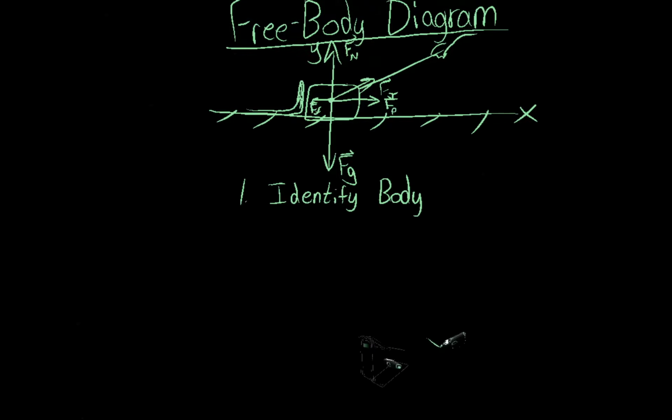Wow, it sounds like a crime scene. And there could be multiple bodies, but it's going to ask about them individually, and at least you need to solve for them individually with individual diagrams, right? So identify the body that you're concerned with.